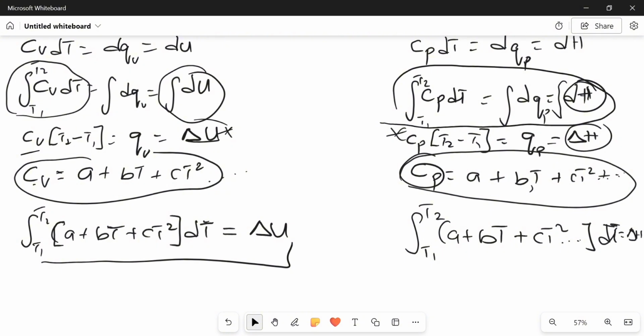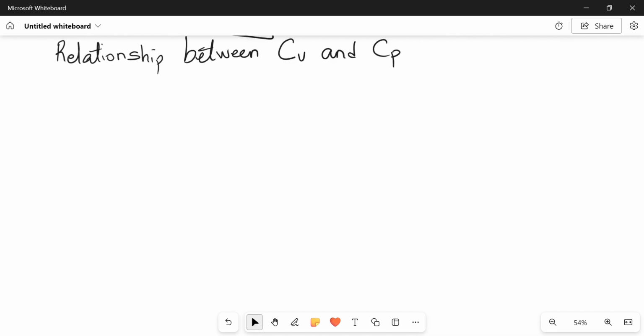Good. So we have gotten CV, we have gotten CP. Now how can we get the relationship between these two? Okay, good. Let's check out how we can get that. For the relationship between CV and CP, we can recall a particular formula: H is equal to U plus PV. Good.